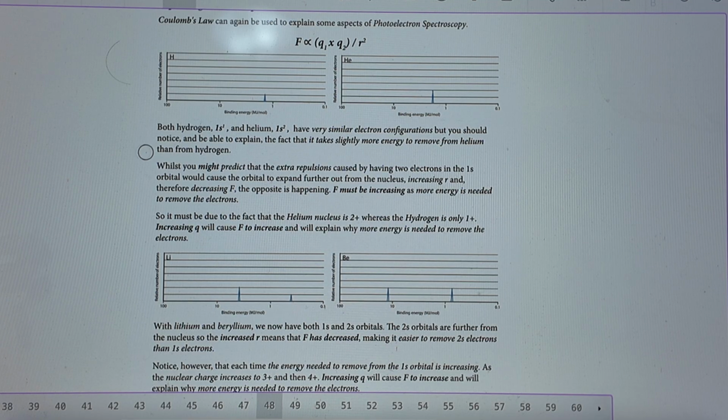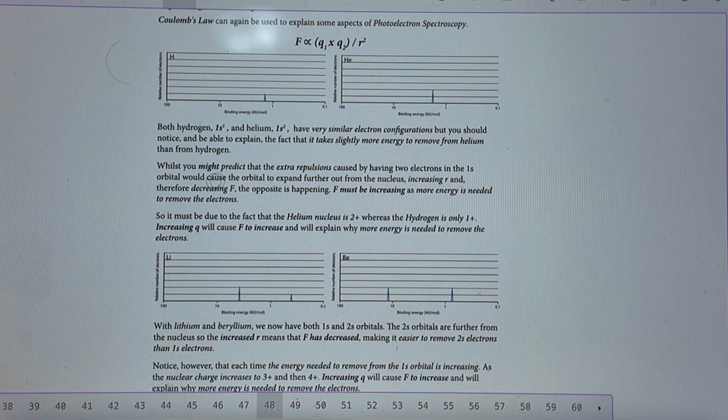Whilst you might predict that the extra repulsions caused by having 2 electrons in the 1s orbital would cause the orbital to expand further out from the nucleus, increasing R and therefore decreasing F, the opposite is happening. F must be increasing as more energy is needed to remove the electrons.